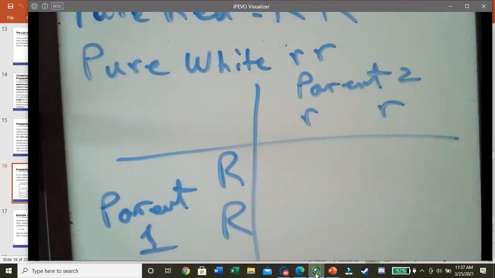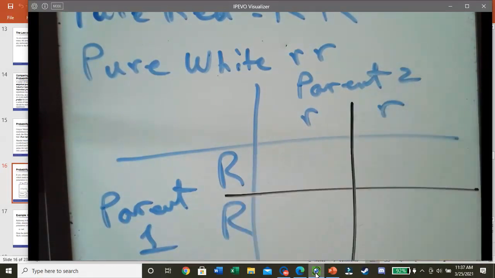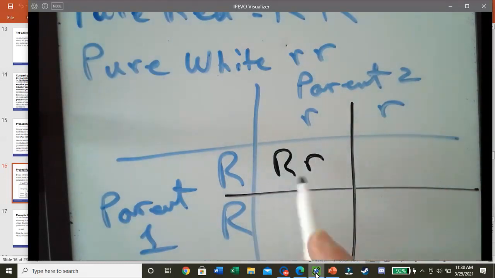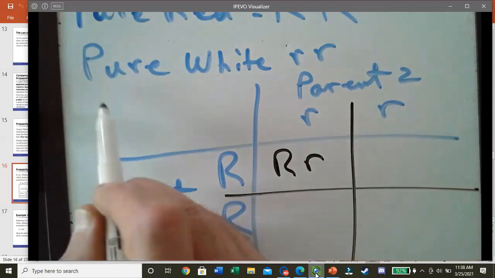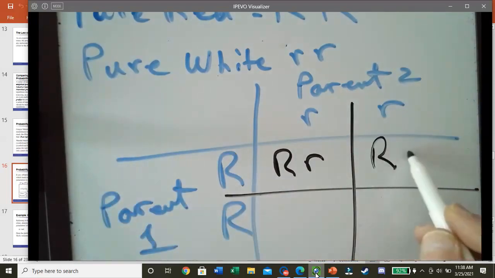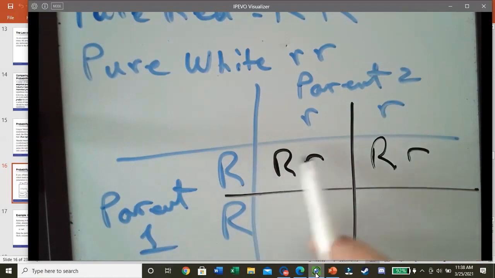So the way this works is you get 1 gene from parent 1 and 1 gene from parent 2, so you get uppercase and lowercase. So when you have a large R and a small r, this is going to turn out red, but it has a carrier of a white gene.